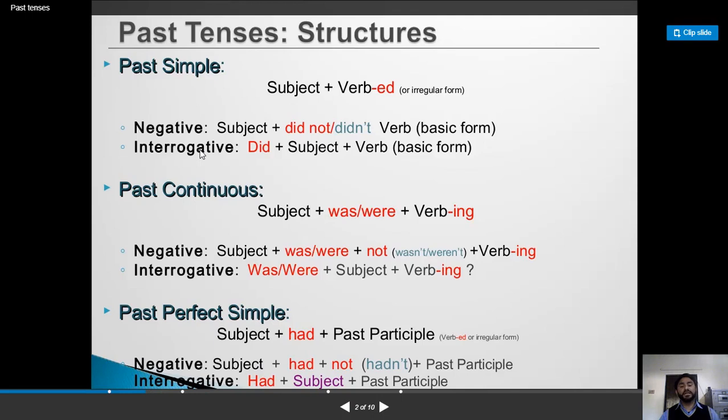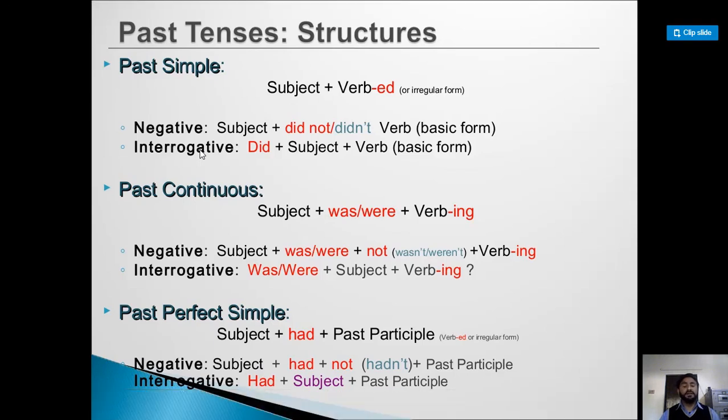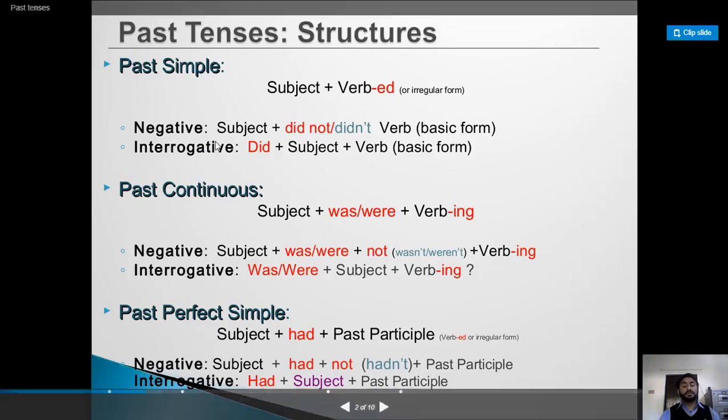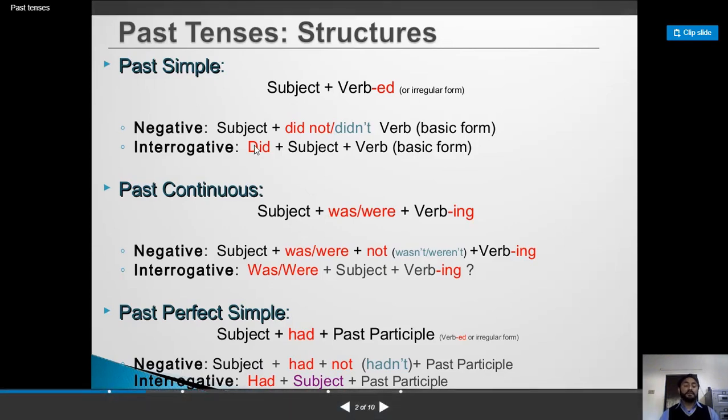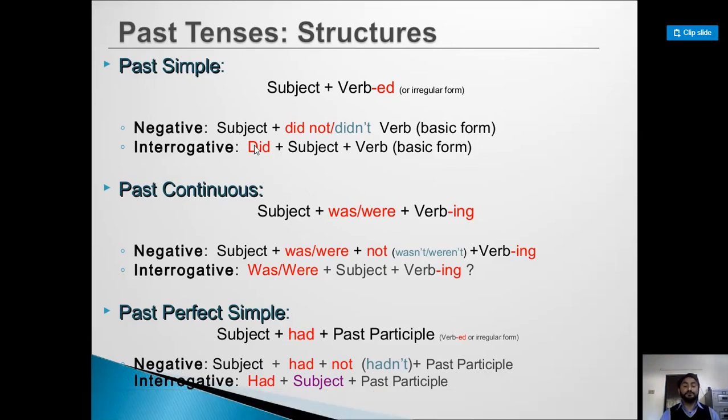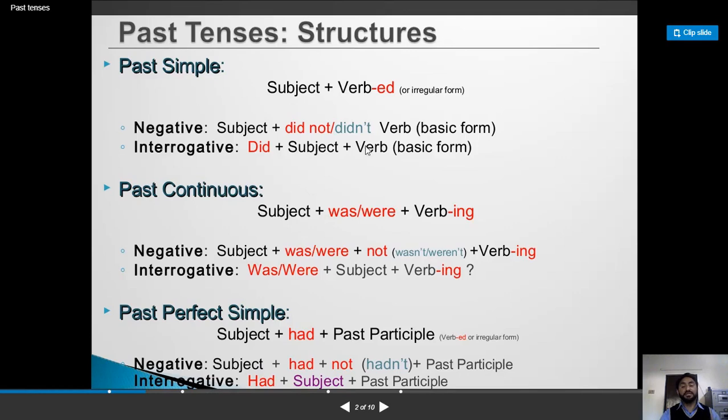As for the interrogatives, you place the auxiliary before the subject. Here you can see did, the auxiliary verb or helping verb, then the subject, and then the verb in basic form.